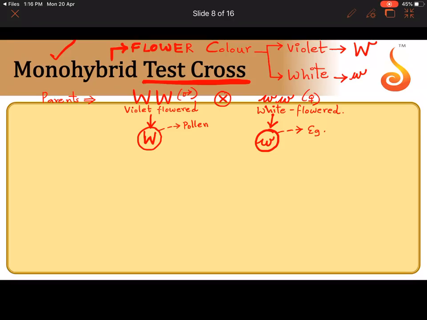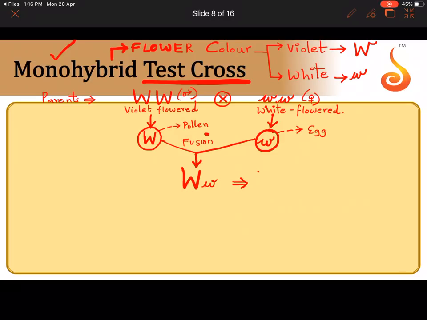So now they will fuse. The male gamete in the pollen will fuse with the egg. So let me write fusion here. What will you get? Capital W, small w. And when you grow this seed, all the plants will be of violet flowered type. What is your conclusion? Violet is dominant over white.